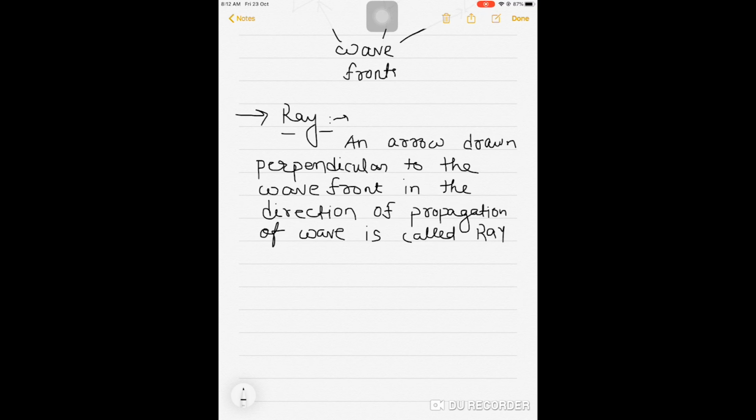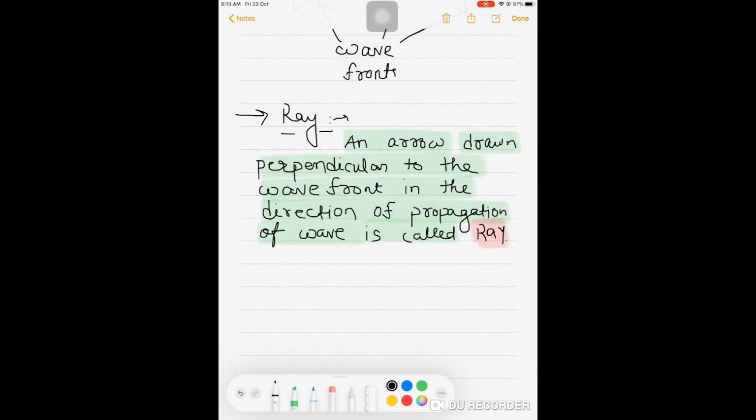So it is very clear how to define a ray. We can say here that an arrow drawn perpendicular to the wavefront in the direction of propagation of wave is called ray. So this is the simple explanation of ray.